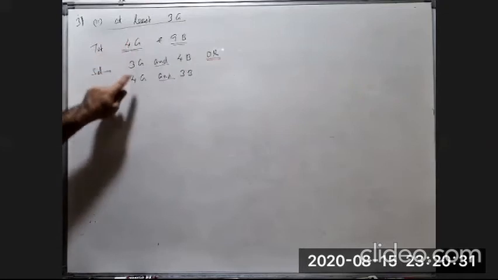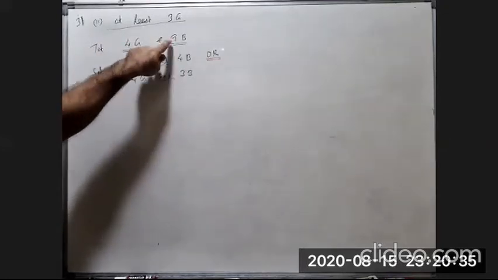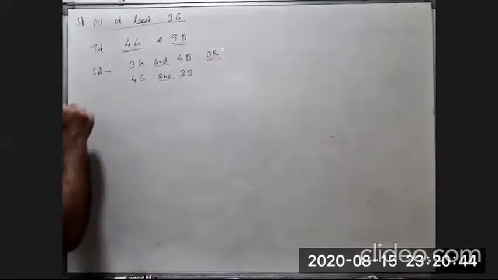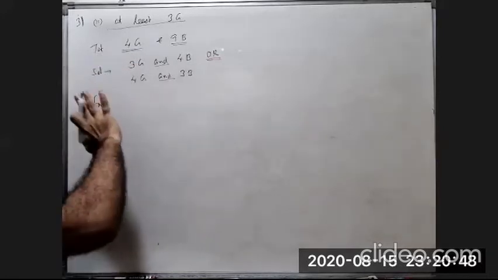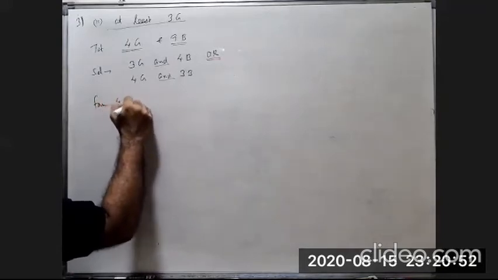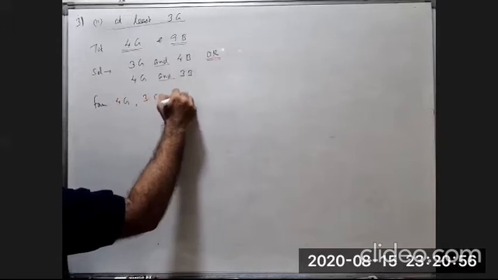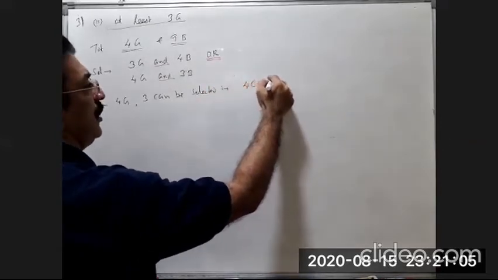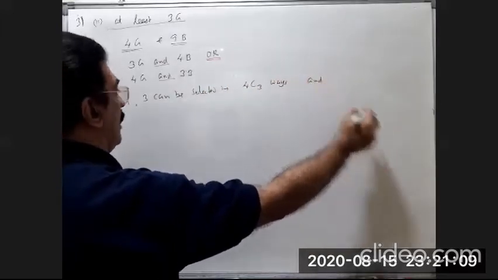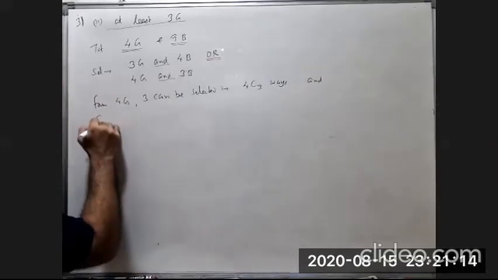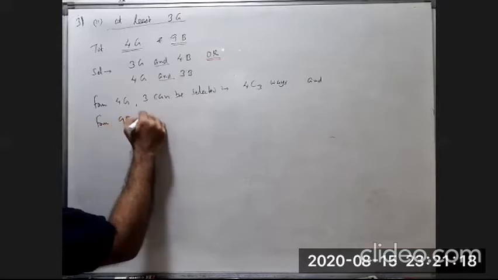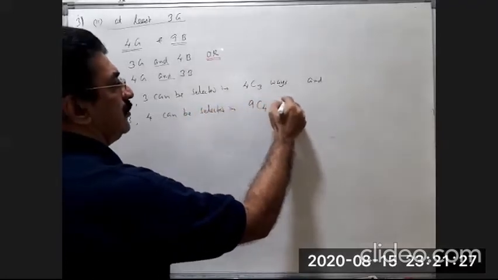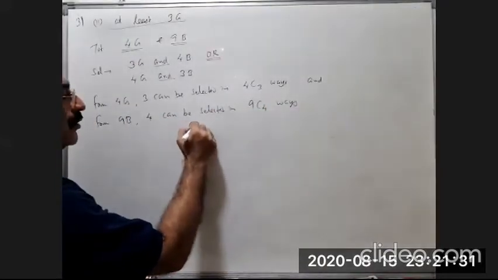So from 4 girls, 3 can be selected in 4C3 ways, and from 9 boys, 4 can be selected in 9C4 ways.